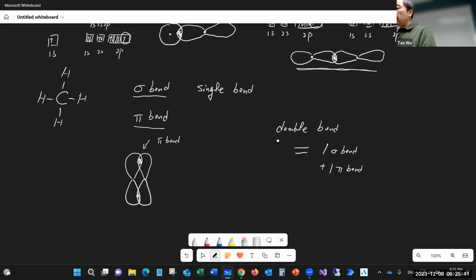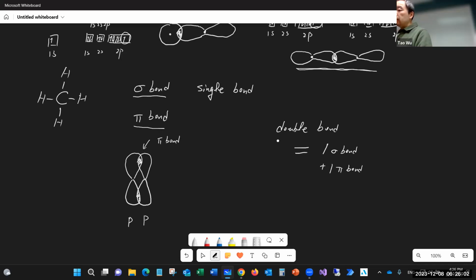This is what we have for a double bond. So a double bond contains 1 sigma bond, which is 2 p orbitals overlapping head-to-head, and the other bond is a pi bond. Okay, so this is what we see for a double bond.